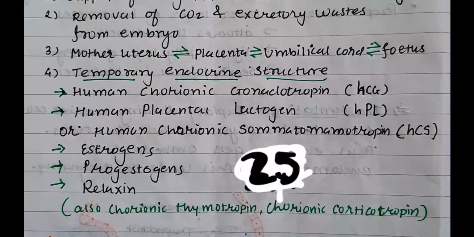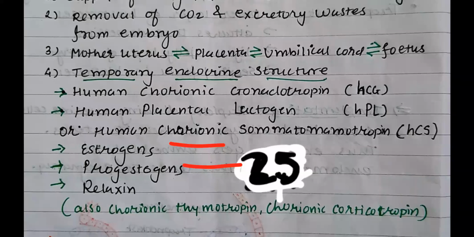The next hormones, if you see, are estrogens and progesterone. Now, these are the gonadal hormones normally secreted by the ovary. The levels of progesterone need to be maintained very high. By the way, here the term is progestogens.